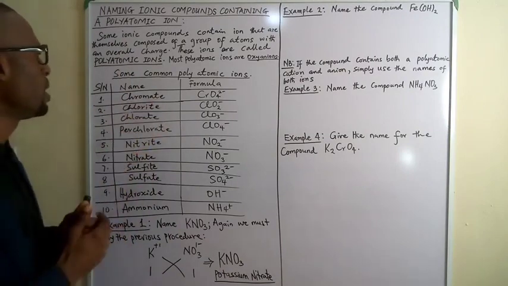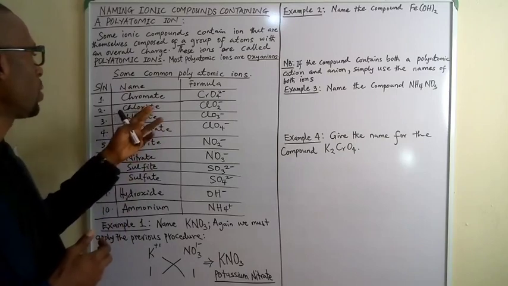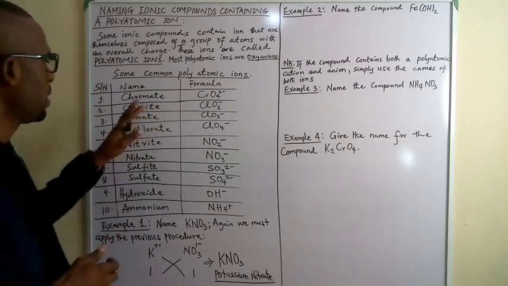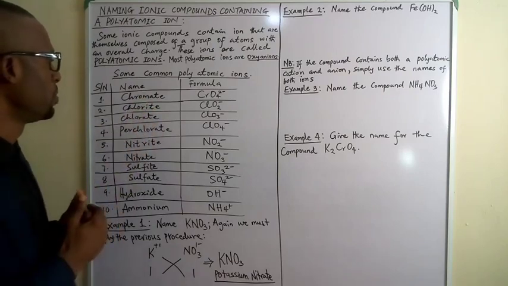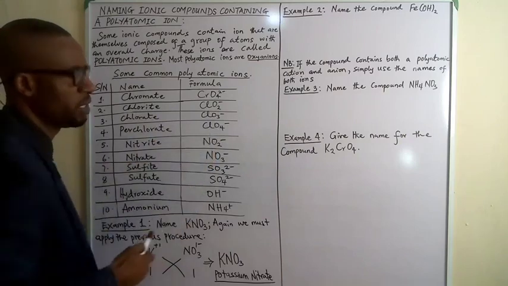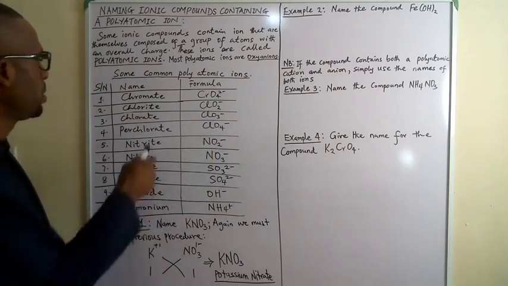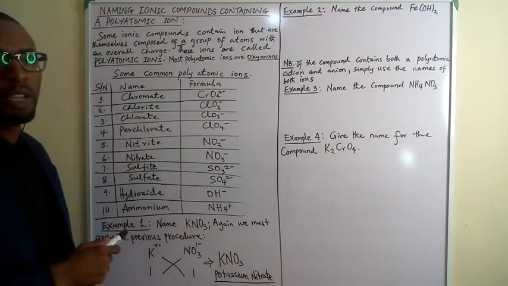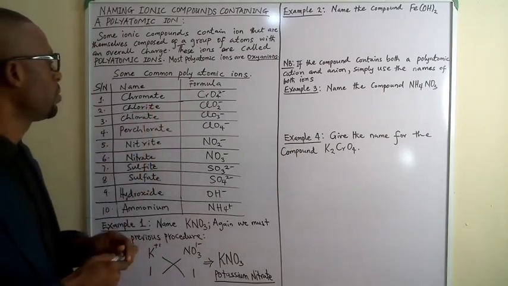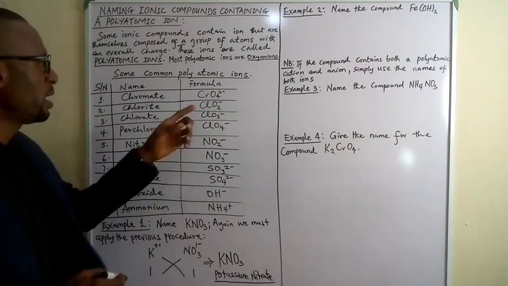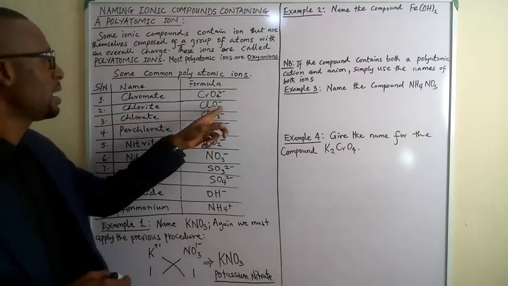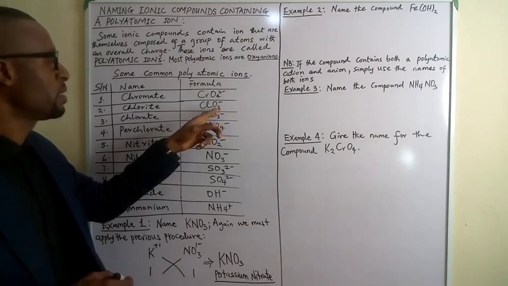You see the chromate ion, the chlorite, the chlorate, and the perchlorate. If you look at these three, you discover the difference in the ions is the number of oxygen atoms they contain. Whenever you hear an oxyanion with the ending syllable ite or ate, just know that the one that is ite has fewer oxygen atoms.